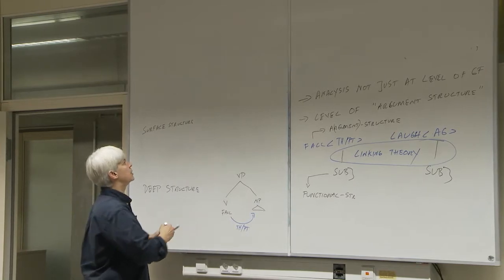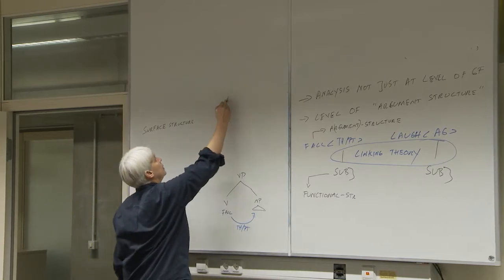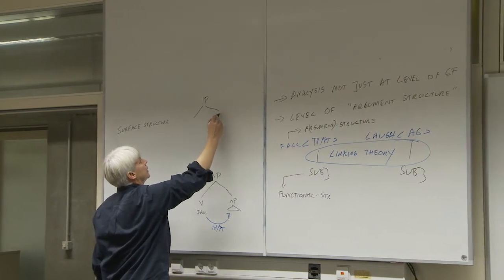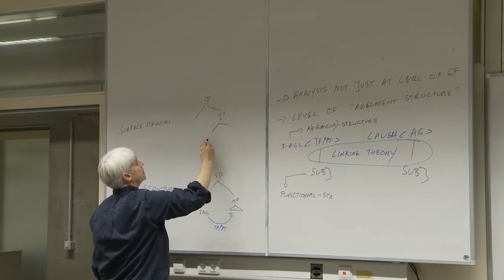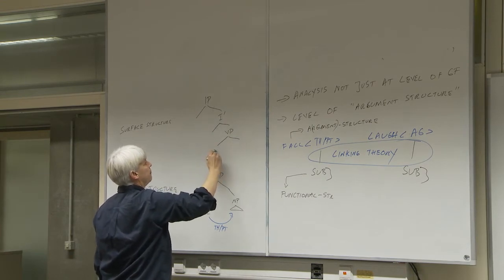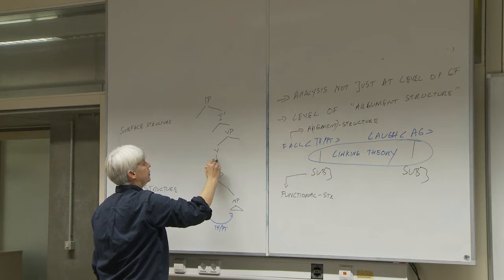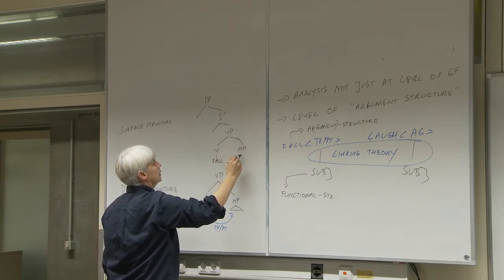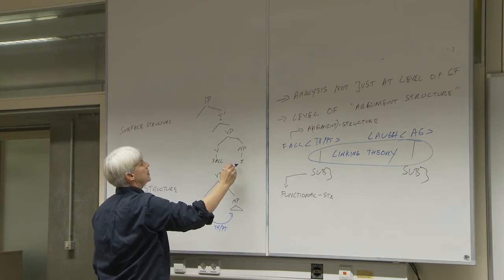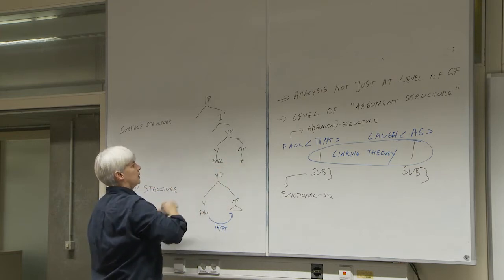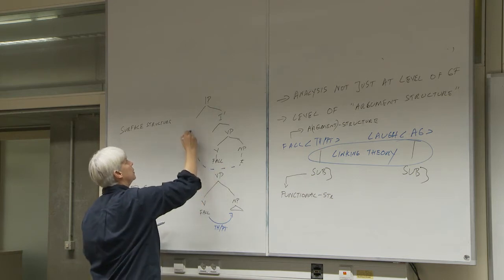So what you assume is that at the surface structure, we have fall, and you have this NP, and there's now a trace, and this NP has moved over here.